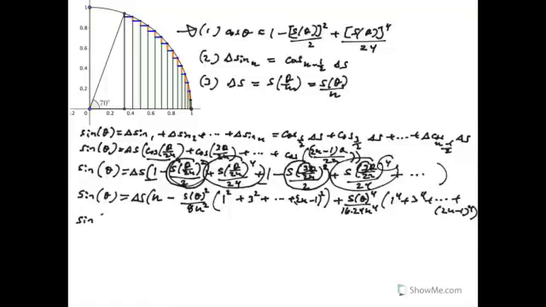Okay, that's the hardest part, because now I can distribute this delta s, which was always s of theta over n. When I multiply that through, the n's cancel out, and I just get s of theta. When I multiply it by this one, I end up with s theta cubed over 8n cubed.